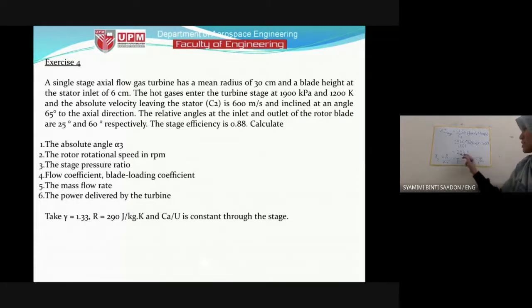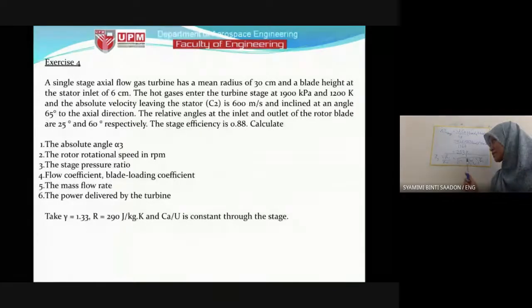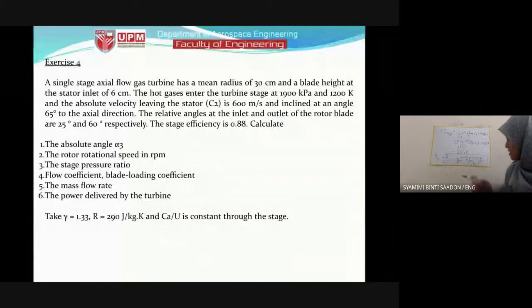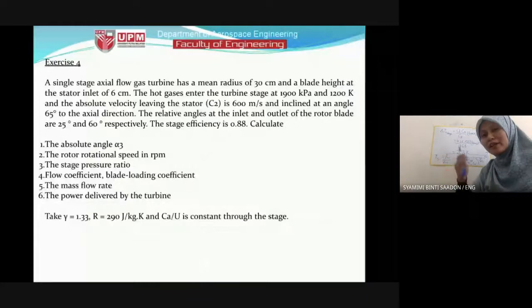You have to look back in your thermodynamics: this comes from the relation of the turbine efficiency and the isentropic relation between pressure and temperature. So finally, the stage pressure ratio is around 2.35. This means the initial total pressure is around 2.3 times higher than the final pressure.